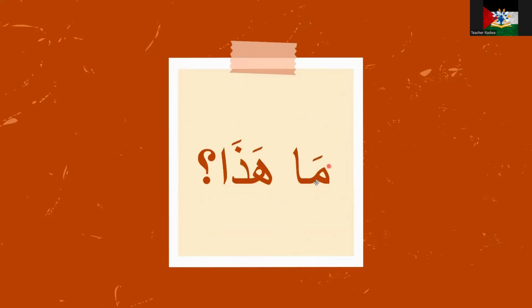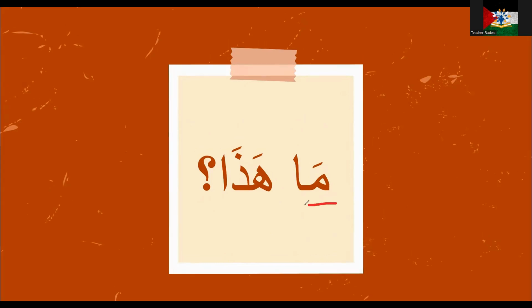All right. If we want to ask, what is this? So we just say what before the word هذا, right? So we say ما هذا. ما هذا means what is this? So in English we say what is, then we say this, right?